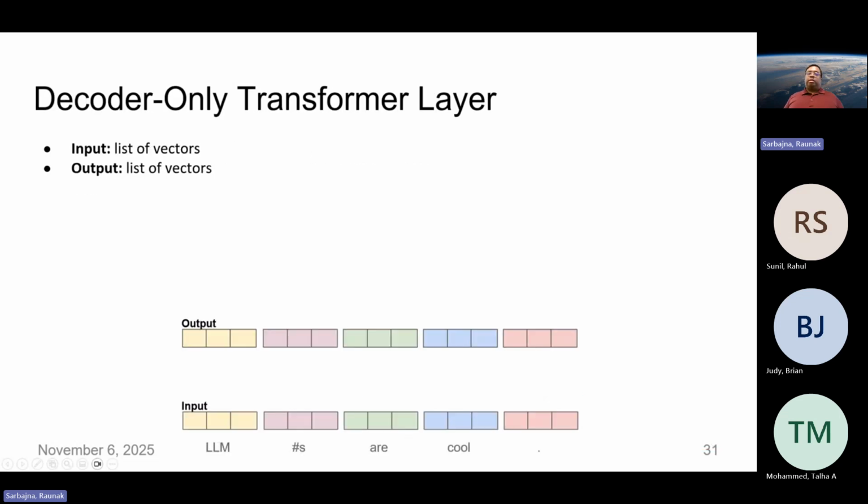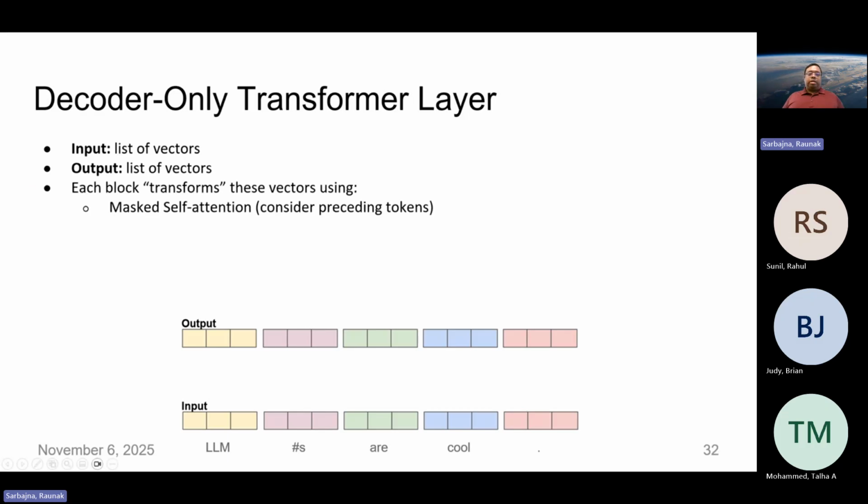The original transformer layer that I showed you, the inputs are lists of vectors, outputs are another list of vectors, so that essentially they chain each other, right? The tokens follow each other. Each block transforms these vectors. This is where the attention mechanism that I told you about comes in.